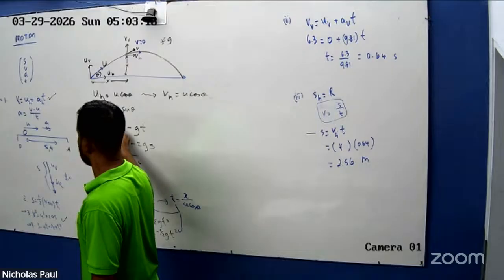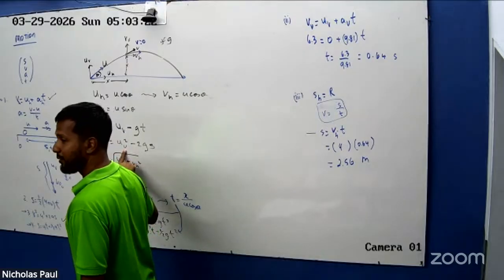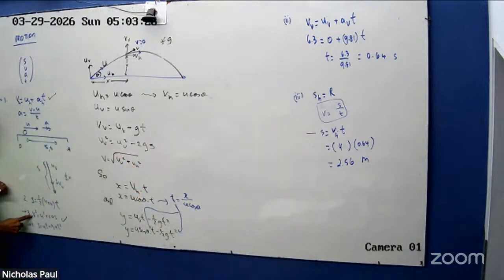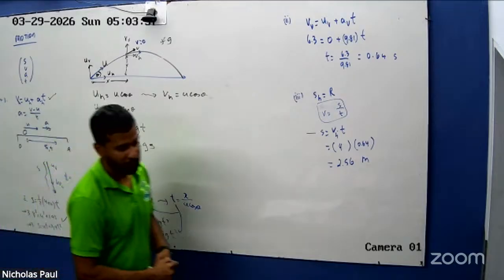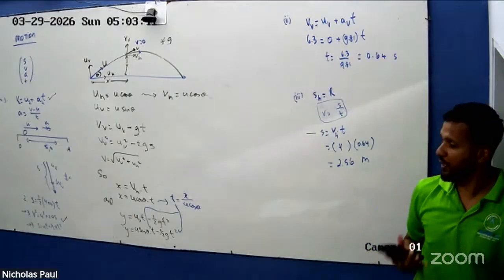This equation here: vertical velocity squared is equal to initial vertical velocity squared minus 2gs. Right? Let's continue with some motion and then touch some questions.